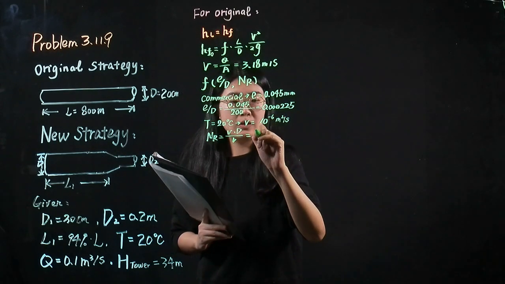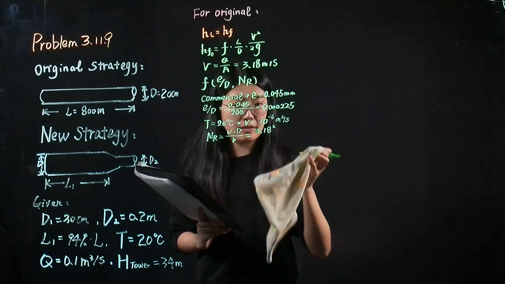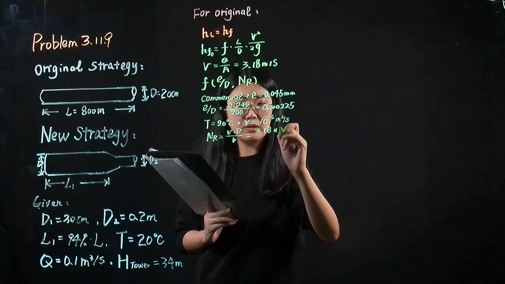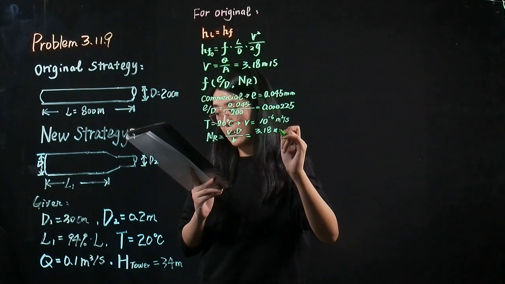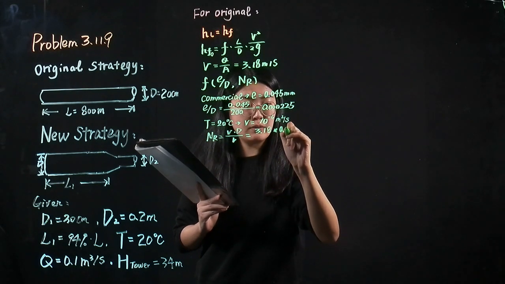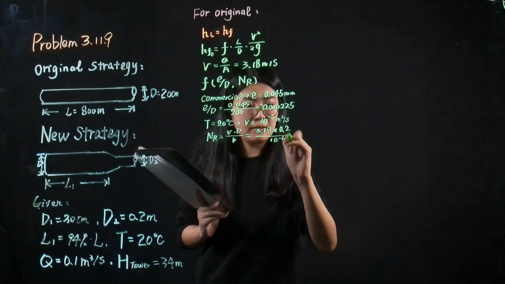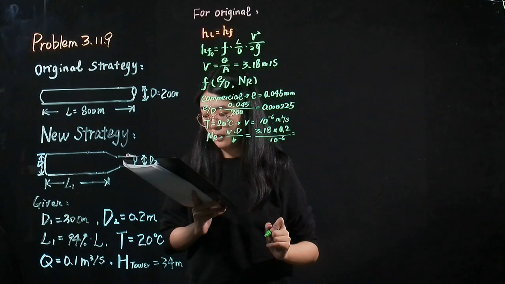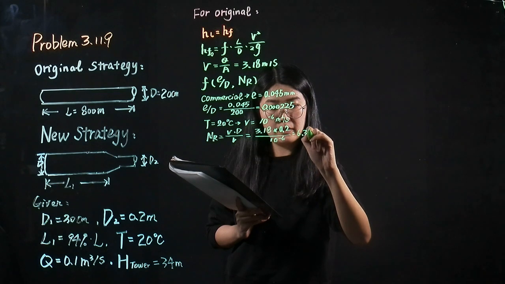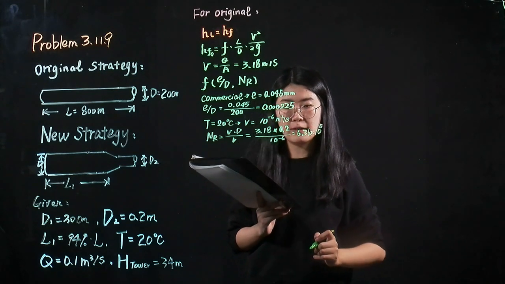It is equal to 3.18, sorry, there's no square here, times the diameter, which is 20 centimeter, or 0.2 meter, over 10 to the power of minus 6. So it is equal to 6.36 times 10 to the power of 5.